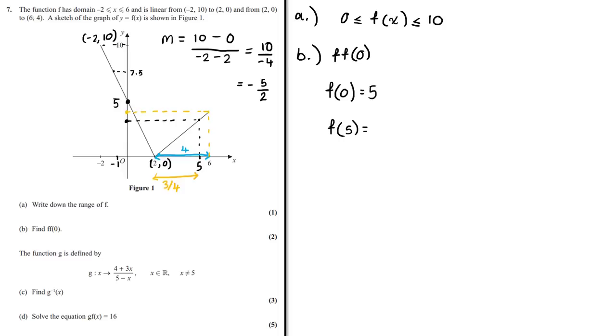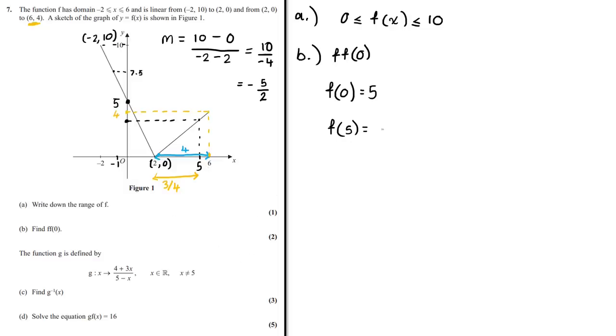We know when x is 6, that has a height of 4. So this is 4 here. So if we know that at the point 6 we get an output of 4, then this must be 3/4 of the way along, which also means it will be 3/4 of the height there.